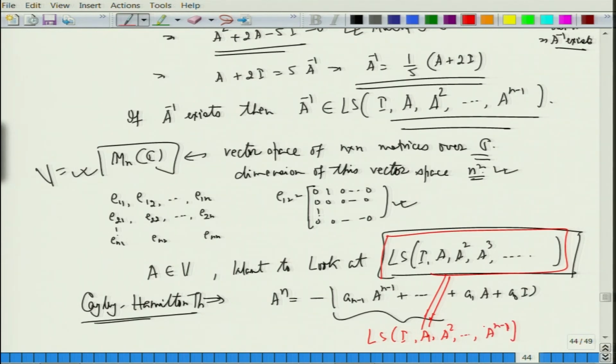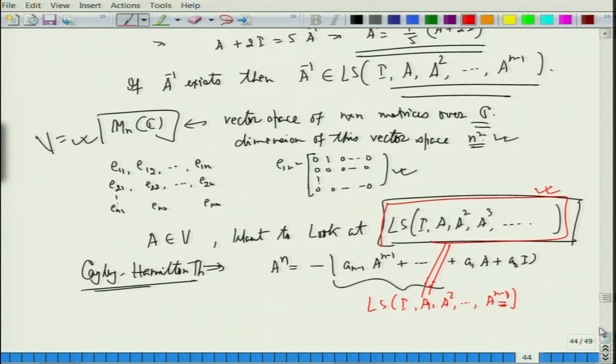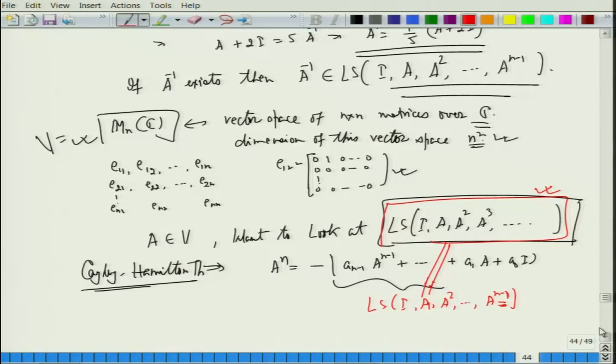I do not have to go beyond n minus 1, even though I want to find the linear span of I, A, A square, till any power of A. I just have to restrict myself to I, A, A square, till A to the power n minus 1. I do not need to go beyond that. Is that okay? That is very, very important for me. And that is crucial in saying that if I look at the dimension of this space, it has how many vectors? 1, 2, 3 till n.